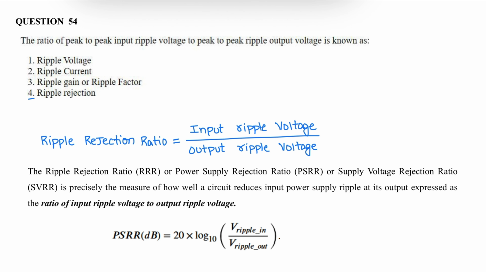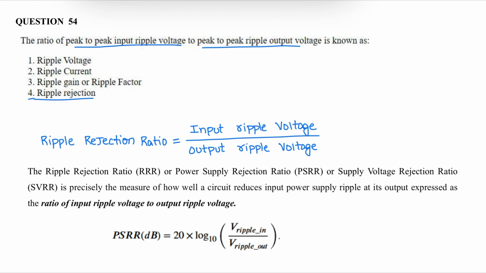Question number 54. The ratio of peak to peak ripple voltage to peak ripple output voltage is known as ripple rejection ratio. Correct answer option 4. Ripple rejection ratio is input ripple voltage to output ripple voltage.